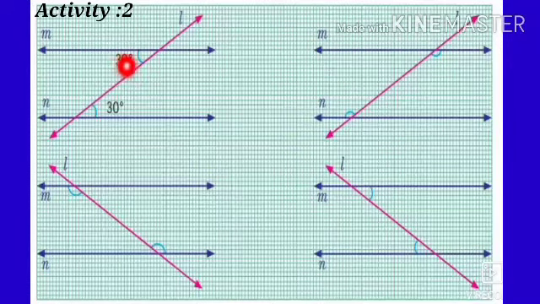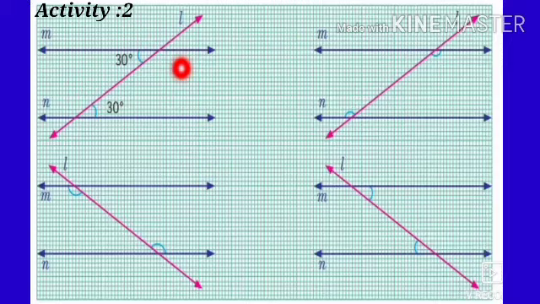Now when we take this part, these angles are linear pair of angles. Adjacent angles that are supplementary and lie on a straight line are called linear pair of angles. So here this angle and this angle are linear pair of angles.